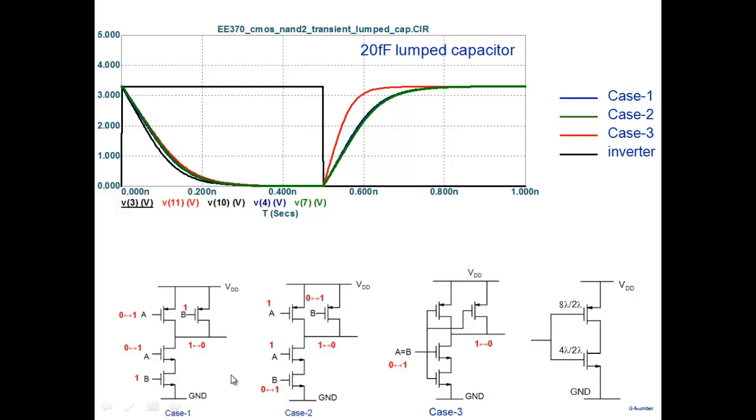So all three actually become equivalent. That's why they all come together. Pull up, the two of them here, and the inverters are all together here, except for this one. When I pull it up, because two of them are in parallel, the effective size is 6 lambda, so it charges up much faster here.